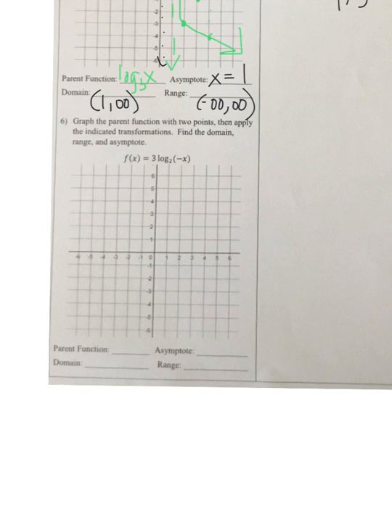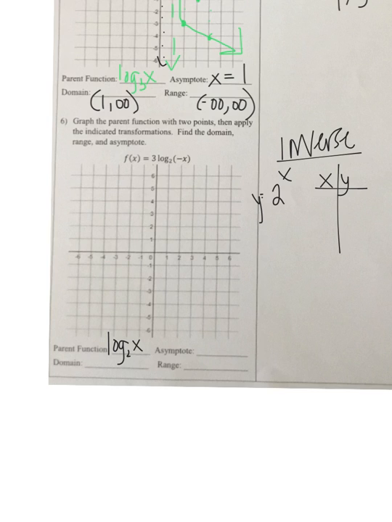Okay, moving on to the next one. This time, our parent function, I'll write it down just on the bottom here, is going to be log base 2 of x. And so if we're thinking about the inverse of that, that will be a 2 to the x function. And so if I think about my table of values for the inverse, which again is a little bit easier to think about, we put in a 0, that puts us at 1, we put in a 1, we're over at 2.